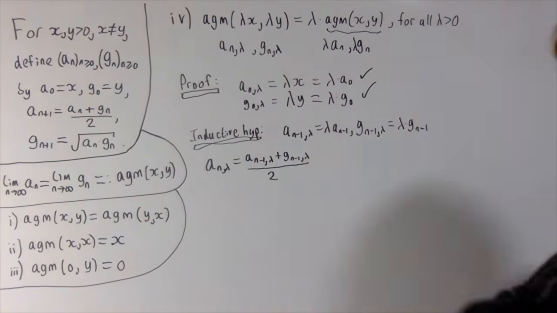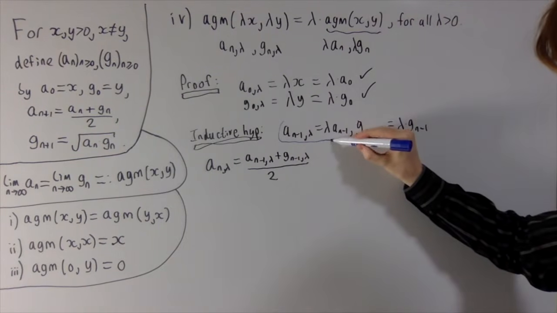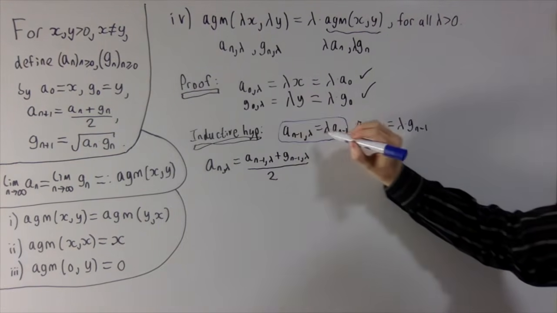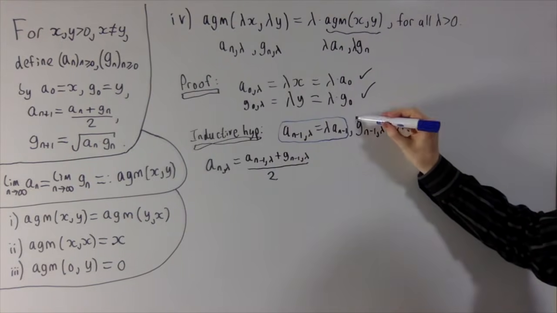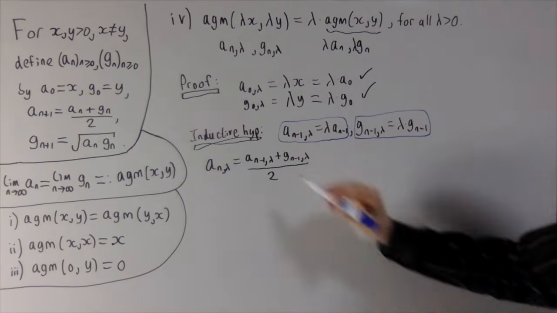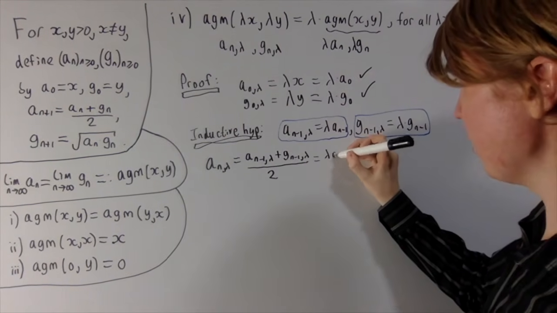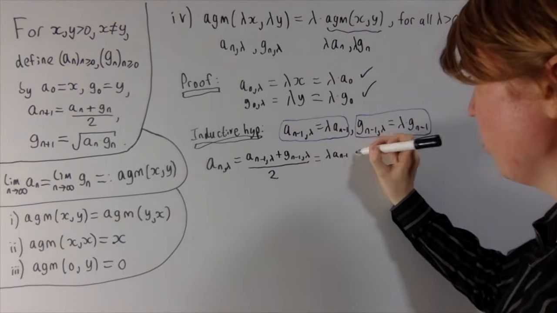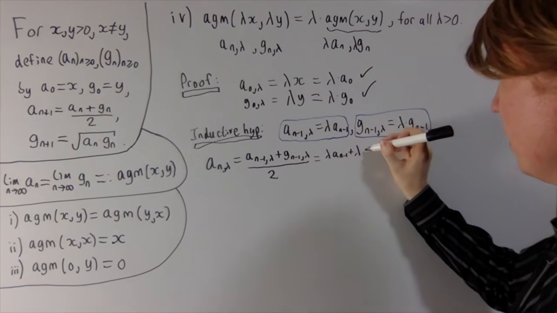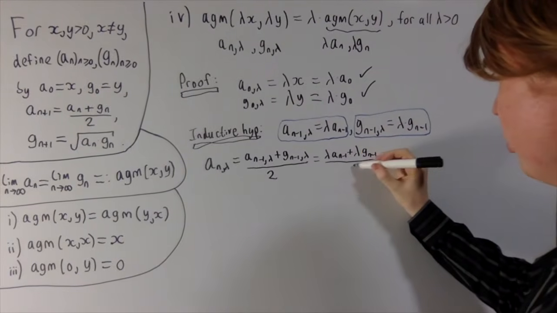But then using the inductive hypothesis, we know that a_{n-1}(lambda) is equal to lambda times a_{n-1}, and similarly for g. So actually we can replace both of these straight away by lambda a_{n-1} plus lambda g_{n-1} all over 2.